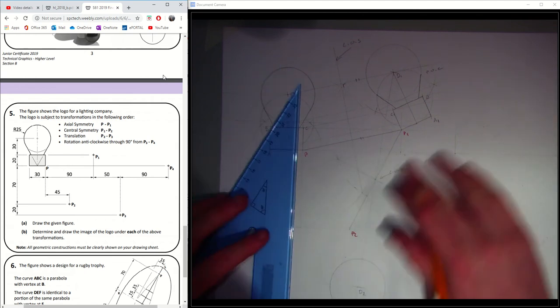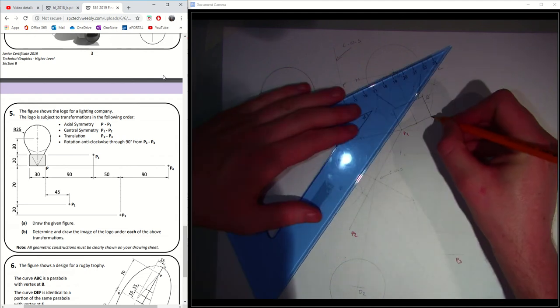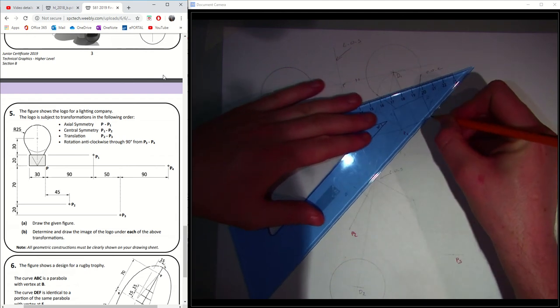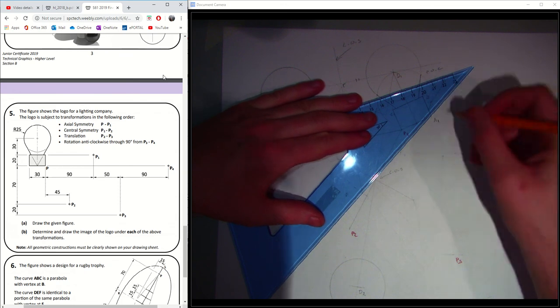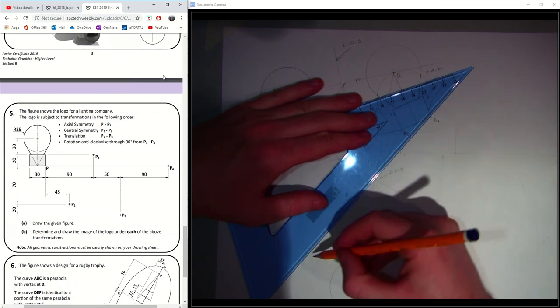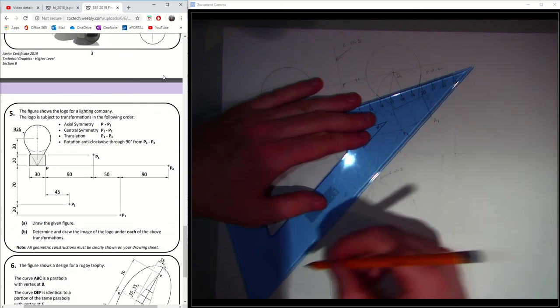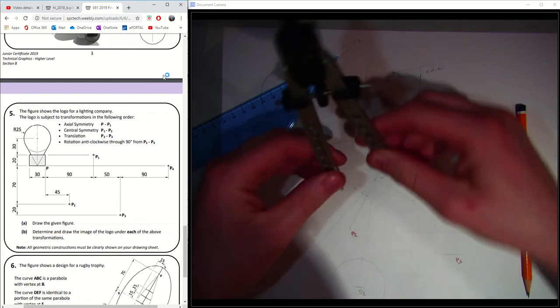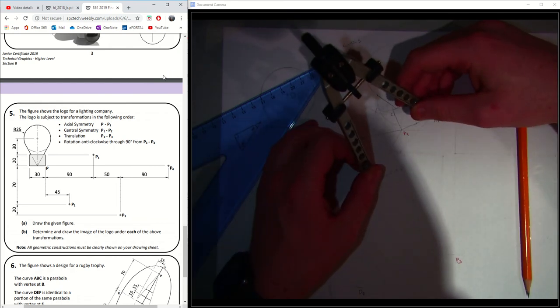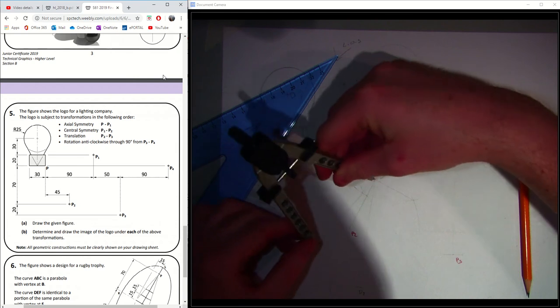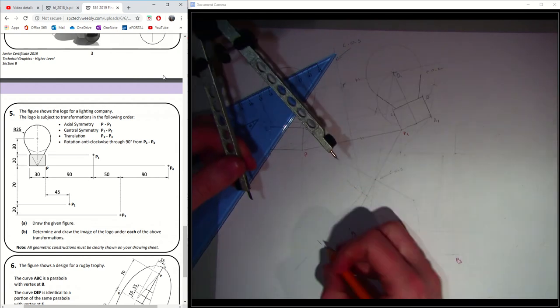Now I need to repeat that process for each of my other points. For A1, I want to find A2 through central symmetry. Again, I'm coming through my center of symmetry, getting the distance from my center of symmetry to the point A1, rotating that around and marking it off on the same line.